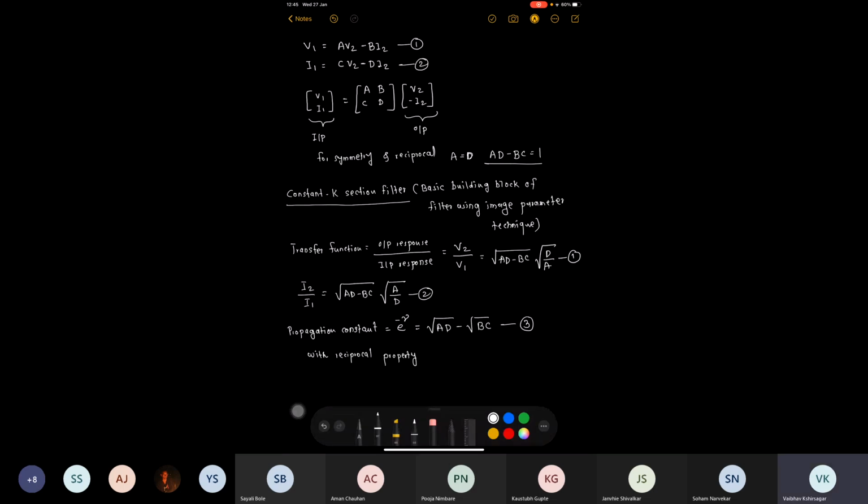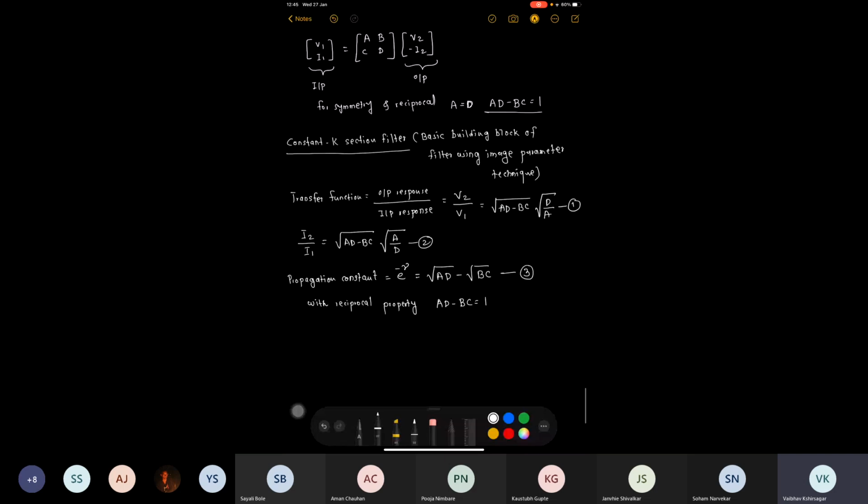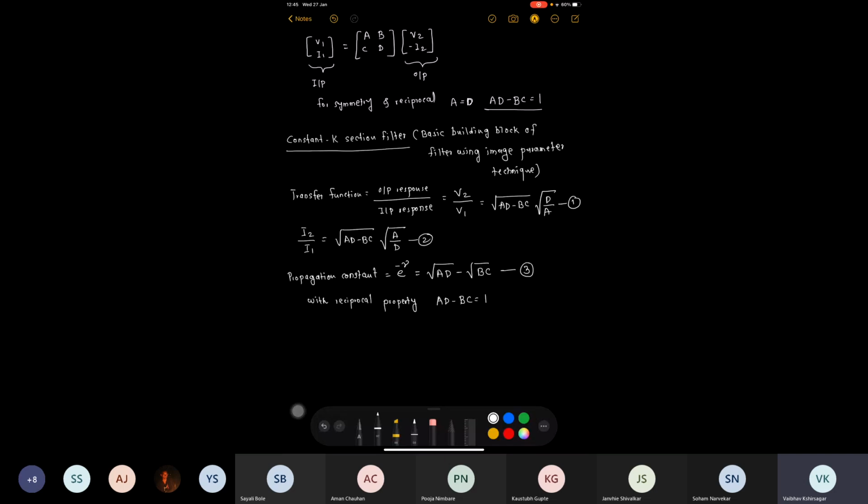With reciprocal property, we can write the equation AD minus BC is equal to 1. Therefore, from equation number 3, what can we write? The real part, cosine hyperbolic function of the propagation constant gamma, we can write as the square root of AD. Let us call this equation number 4.